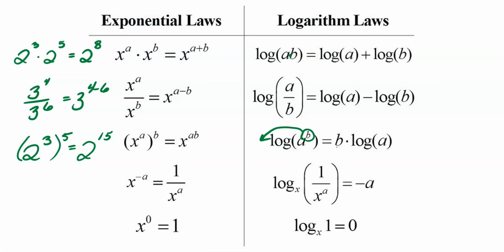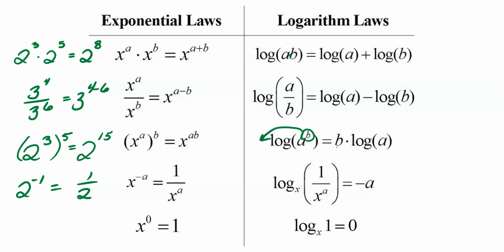Then we have this rule where x to the negative a can be written as 1 over x to the a. So we've seen this, back forever ago. If I go 2 to the negative 1 power, that's 1 over 2. So with logarithms, it's the same thing. So if you have the base and then you have the base raised to an exponent here, we could just take that exponent with the negative on that.